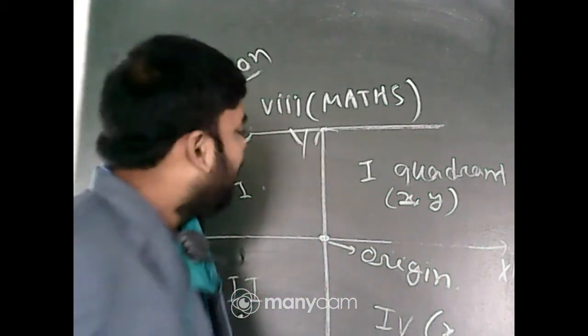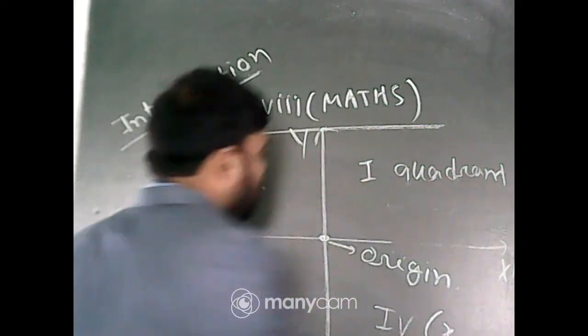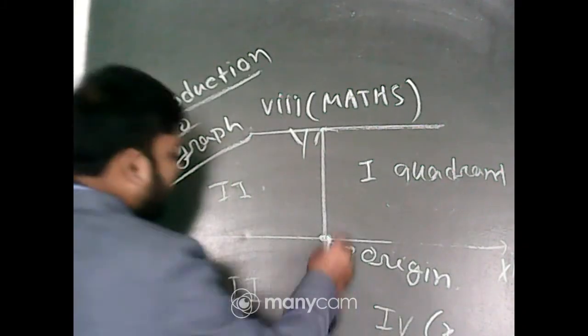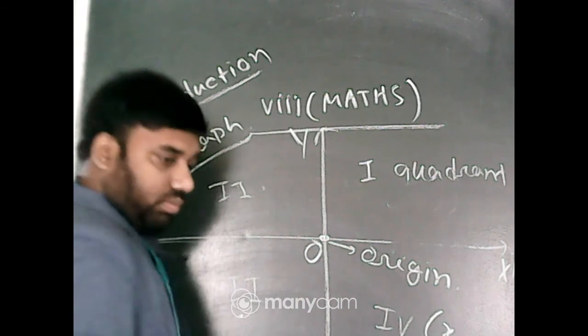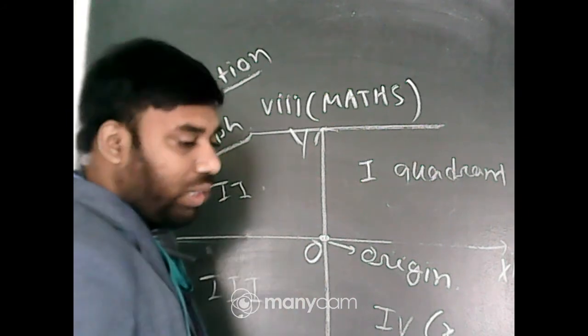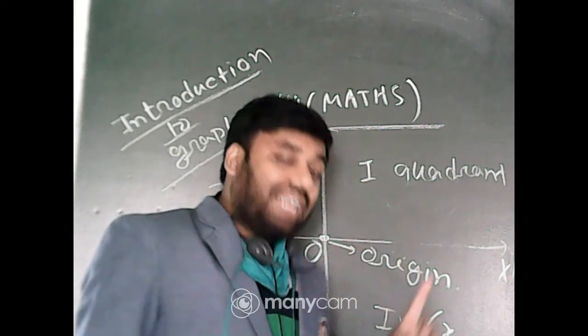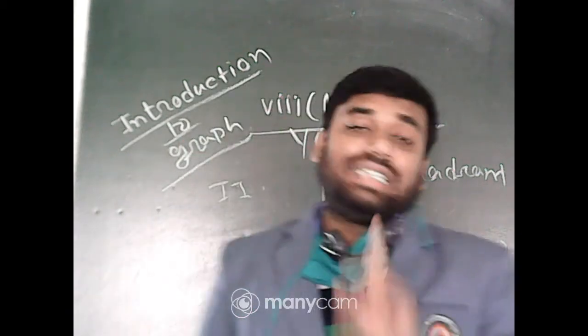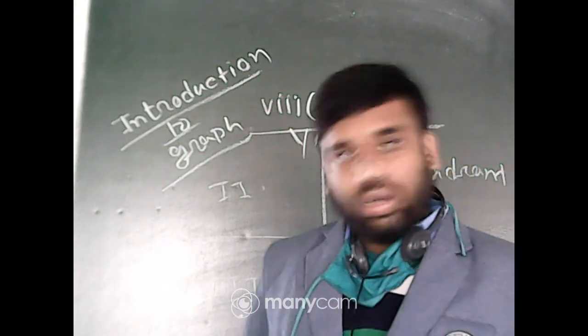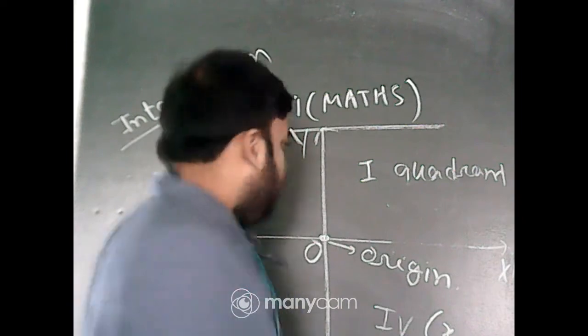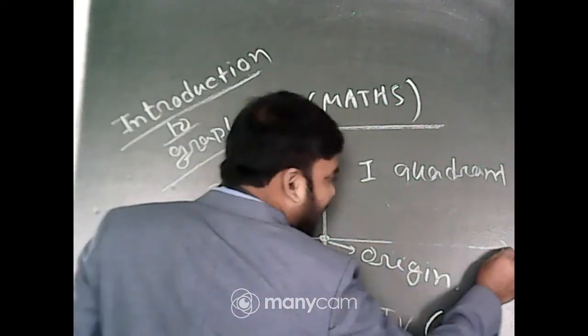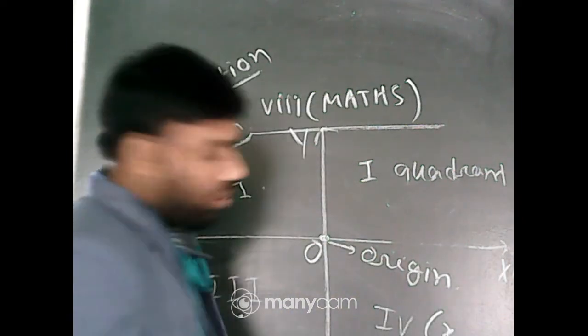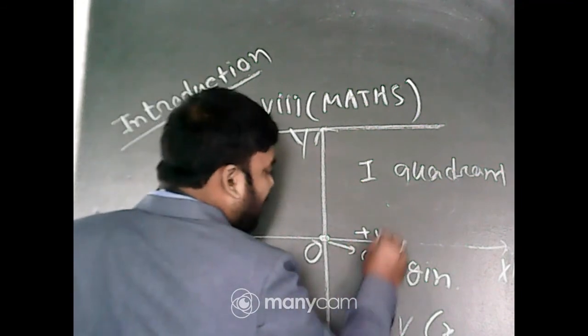Next, that point is the origin, where the x-axis and y-axis intersect each other. One thing, students: from the origin to this right-hand side is the positive x-axis.